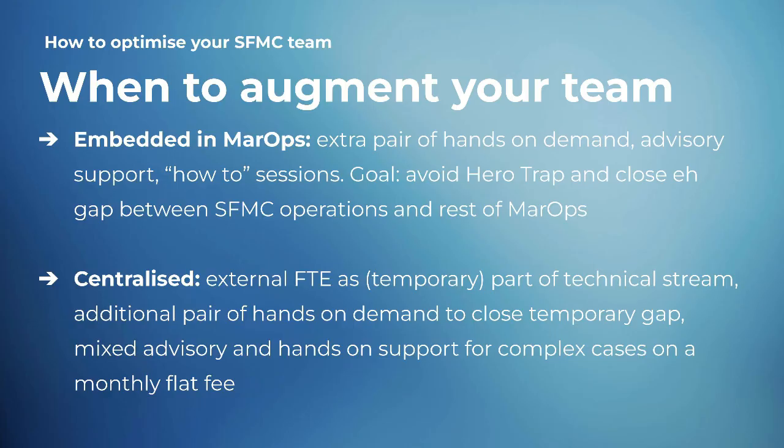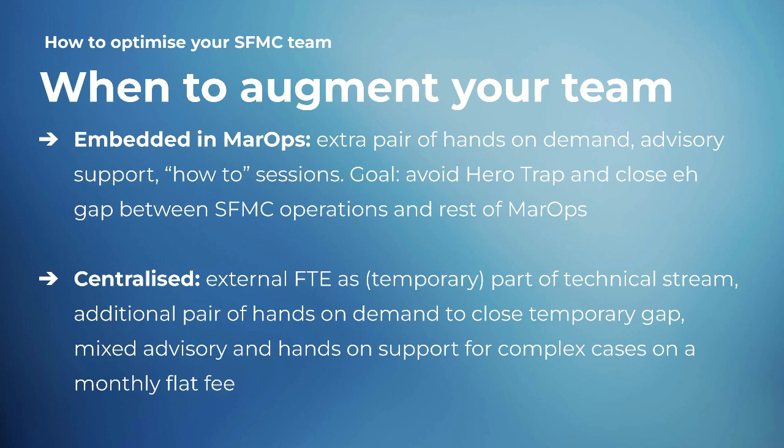For the centralized model, there are more options. It can be a completely external full-time employee temporarily. For example, in a technical stream, someone has left or someone is on parental leave, and you know that for the next 6 months you need to cover. In this case, you can have a temporary external as a full-time, but also everything that applies to embedded in MarOps works here.